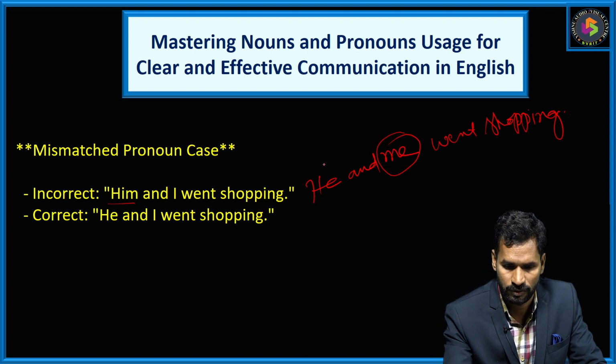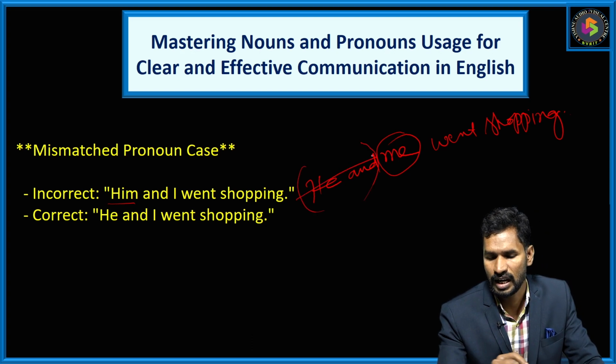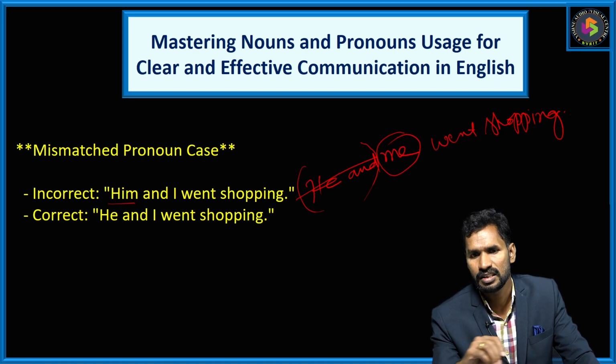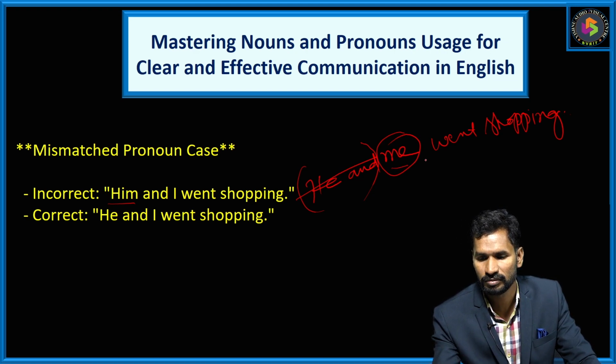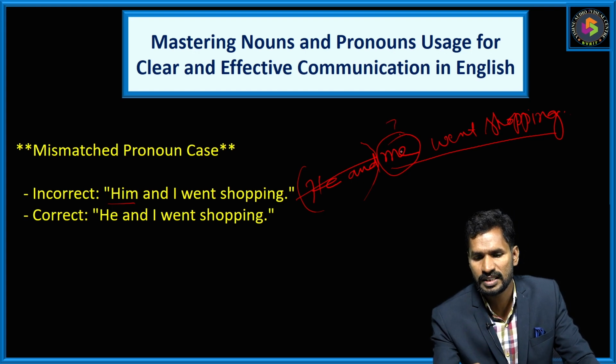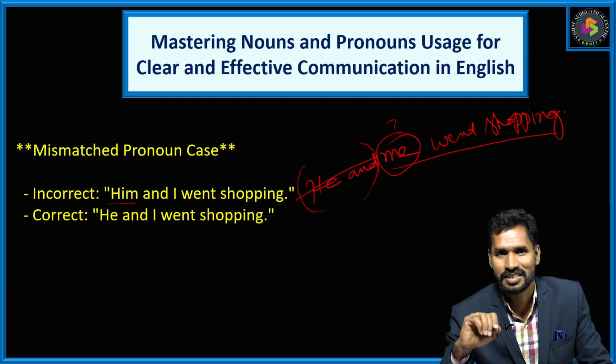For example, forget about "he and." Okay. Now try to read this sentence. "Me went shopping." This sentence is not sensible. The reason is the objective case cannot be the subject of the verb. Right? Confused? Again, I'll repeat it.